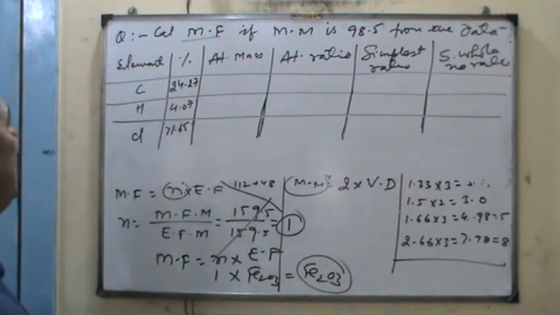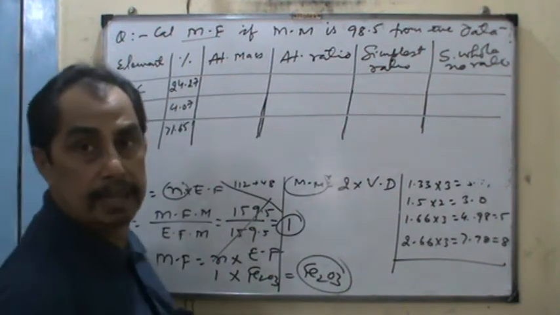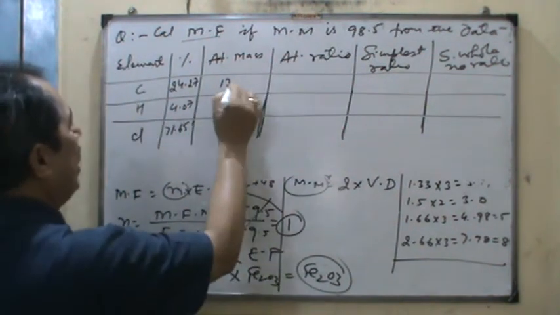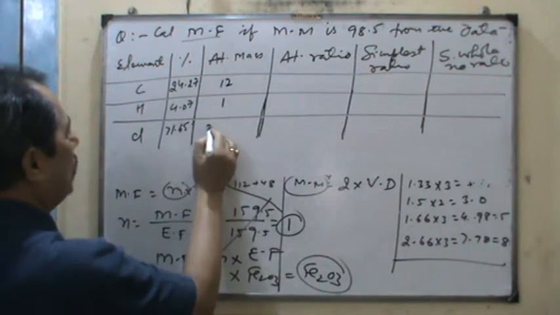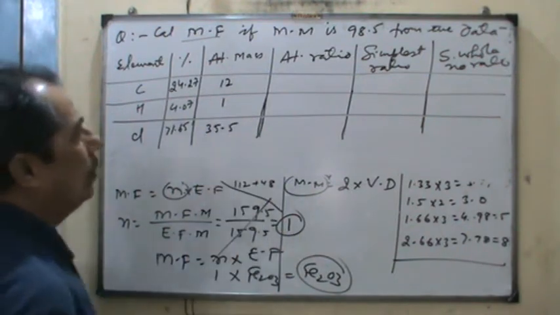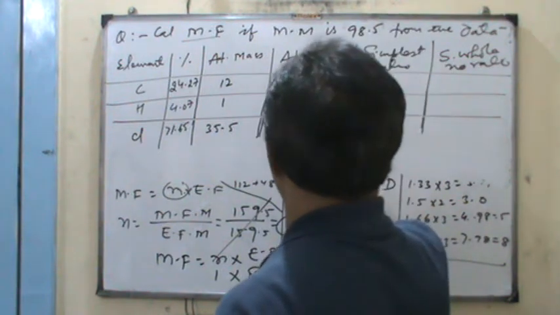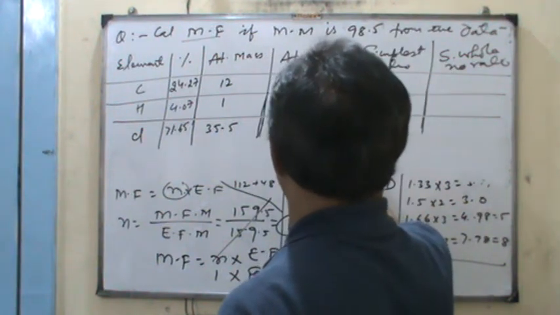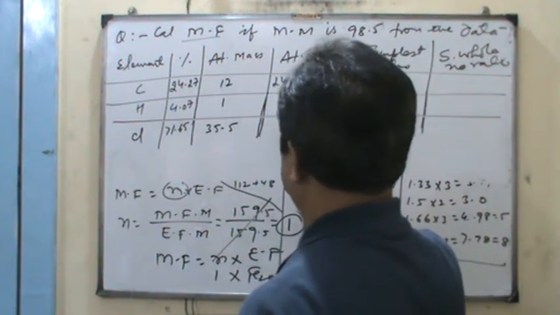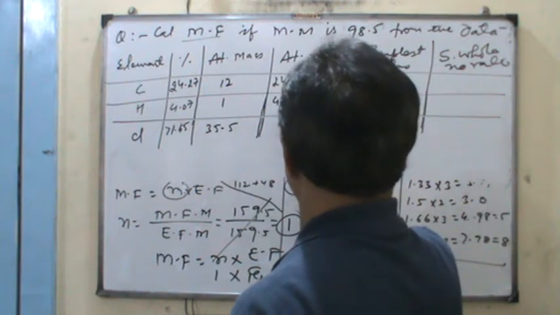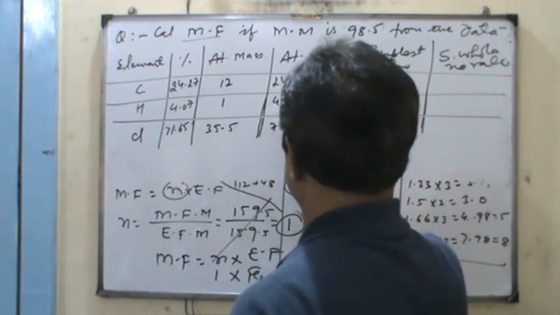My dear students, what is the atomic mass of the carbon? Yes, 12, hydrogen 1 and chlorine 35.5. What is the ratio? Let you divide 24.27 divided by 12. This is your numerical part, so you can solve it yourself, because in CBSE calculator is not allowed.